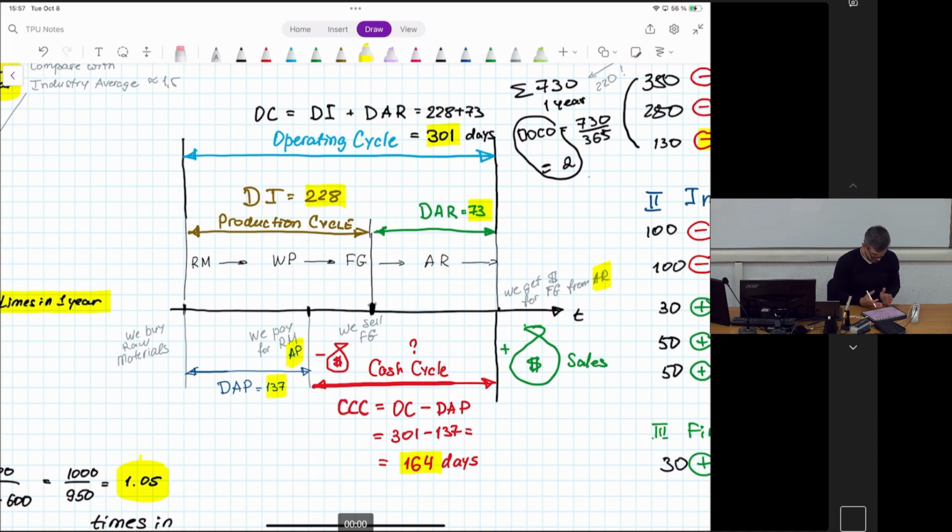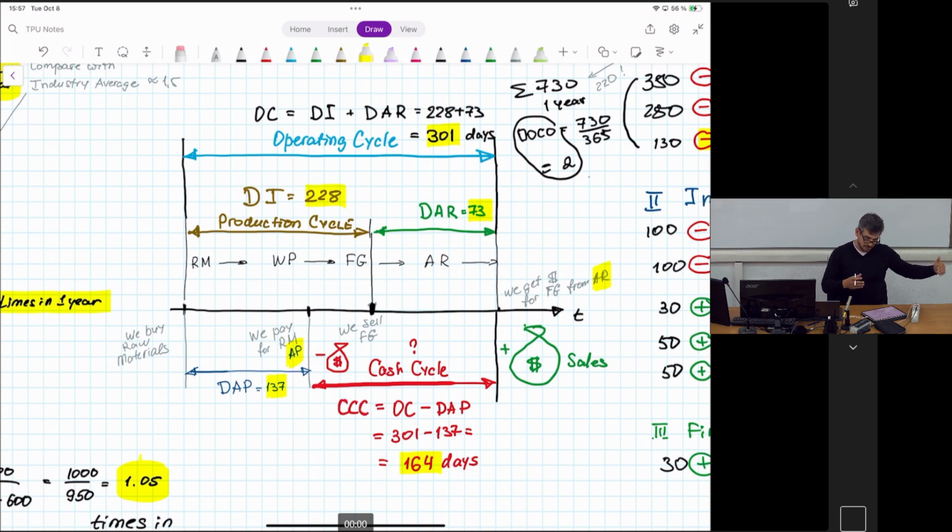Well, the first thing you got to do is make as long as possible days in accounts payable, the DAP, because the money leaves you only when you pay for your raw materials. So if you make it longer, you stay longer with money.